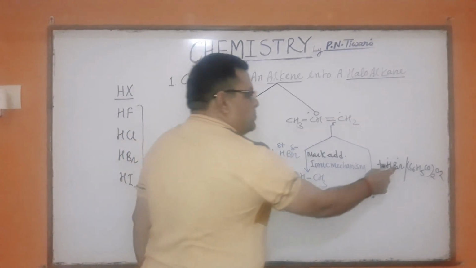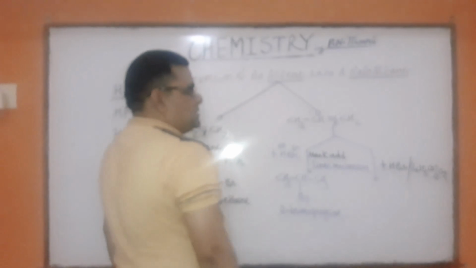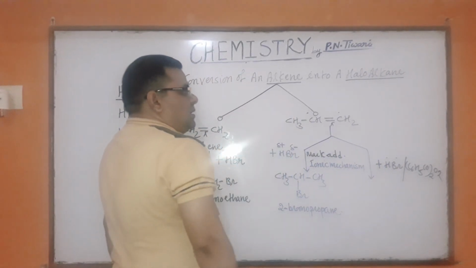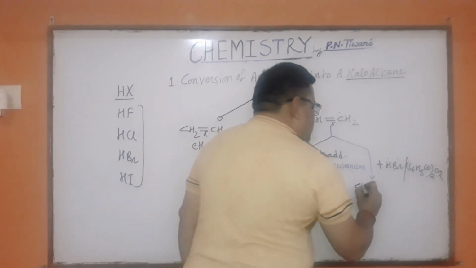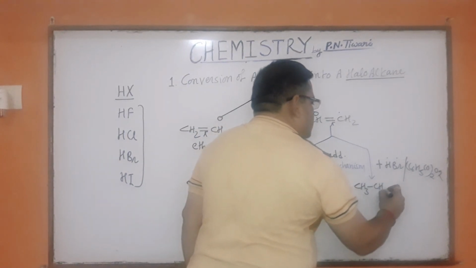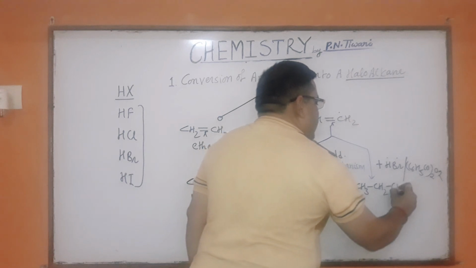Suppose this bromine free radical combines with the first carbon free radical and the hydrogen free radical combines with the other carbon free radical, then it will give CH3CH2CH2Br.